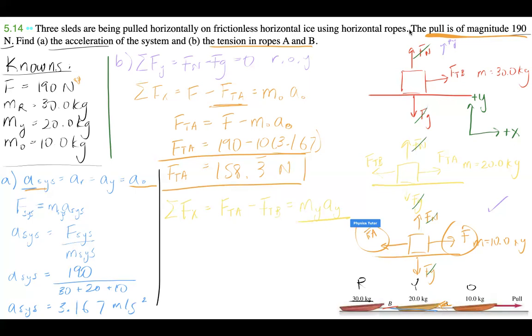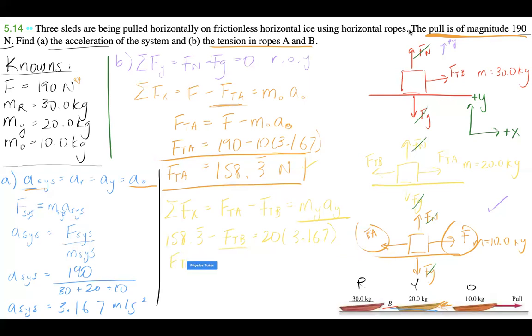The difference in these two forces is the net force, which is MY AY. Let's plug in our values. We have FTA, 158.333 on and on, minus FTB, which we don't know, equal to MY AY, which is 20 times 3.167. And we can isolate for FTB.